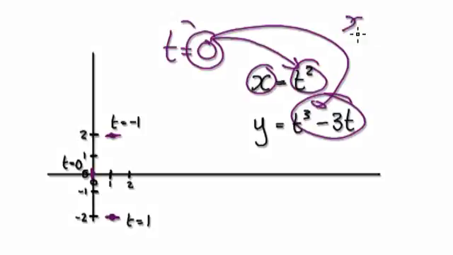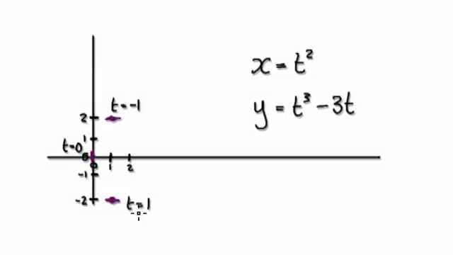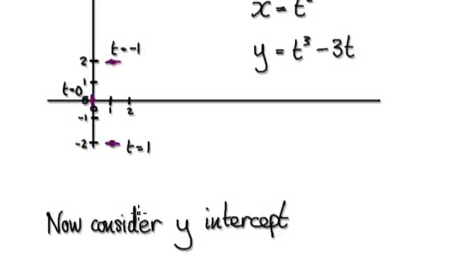So when time equals 0, the x coordinate will be 0, the y coordinate will be 0. So we know that there must be a vertical tangent at time equals 0 and at location 0, 0. Okay, so far we know the vertical tangent here, and we know the horizontal tangent here.